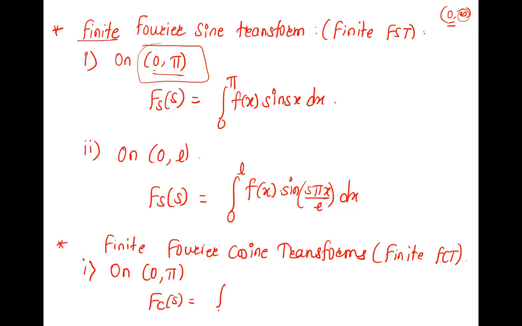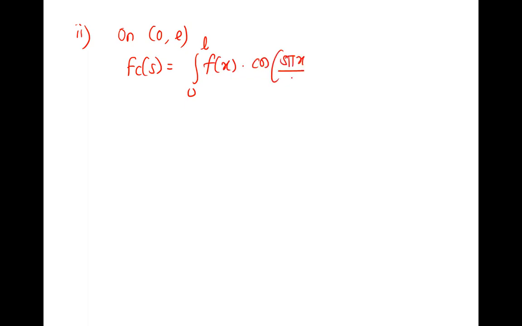Cos instead of sine. Right, everything is the same, 0 to pi f of x, and instead of sine you write cos sx dx. Very good. And second, on the interval 0 to L, the finite Fourier cosine transform will be integral 0 to L f of x into cos s pi x upon L dx. Done.